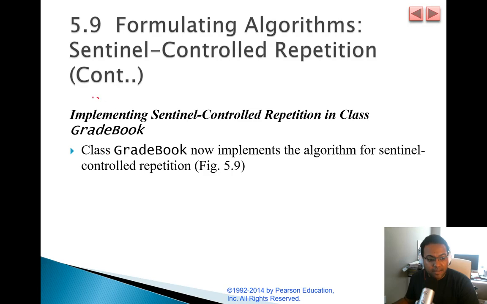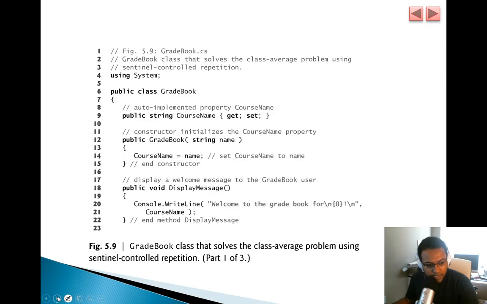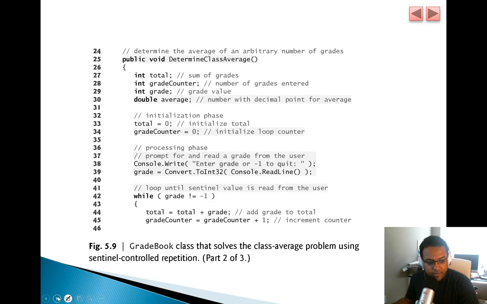So, we're going to implement the algorithm for sentinel-controlled repetition. Now it's going to show us how to do it. I really wanted to do it myself, but I want to make sure that I'm writing it exactly the way that they write it, because there are actually many different ways you can do this. And so we already have all of that. And while grade is not equal... Ah, that's what they did.